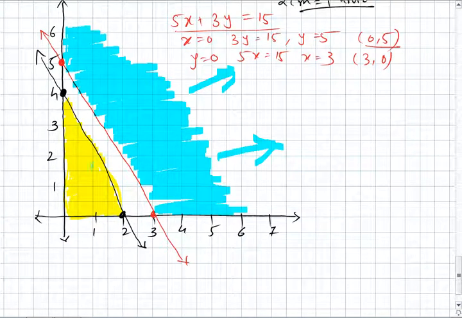The point 0, 0 does not satisfy this, which means the required region is the one not containing 0, 0. So above this line is our required region. It is again unbounded. So the common region to the first condition and the second condition is empty, and hence it does not have a feasible solution.